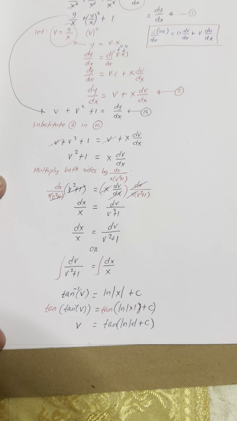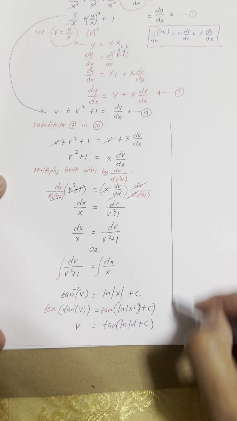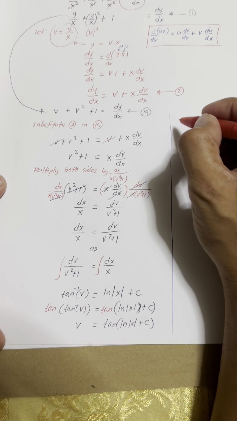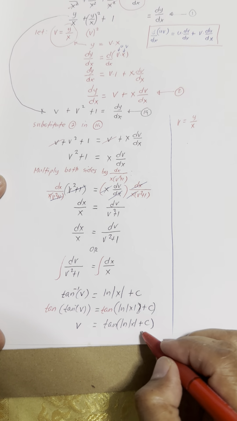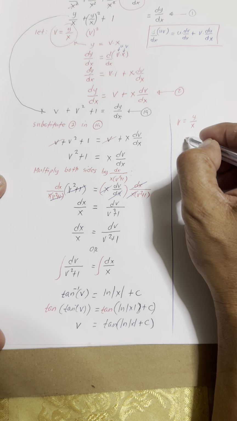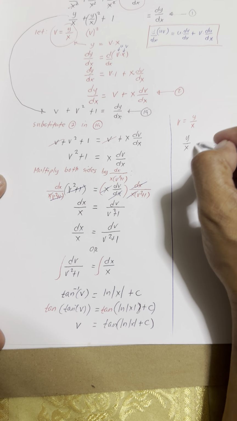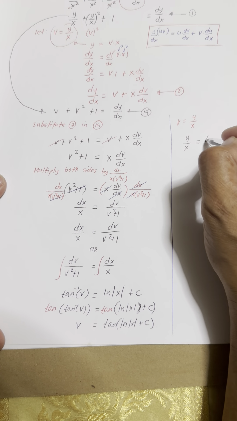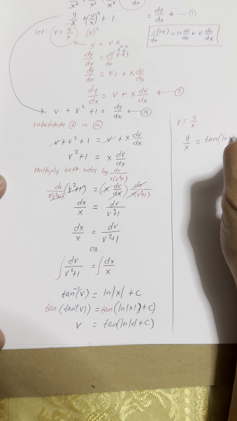But we know that v is equal to, what is our v? We know that our v is equal to y over x. So substituting in this equation, instead of writing v, we can write y over x in place of v, equal to tangent of ln of the absolute value of x plus c.